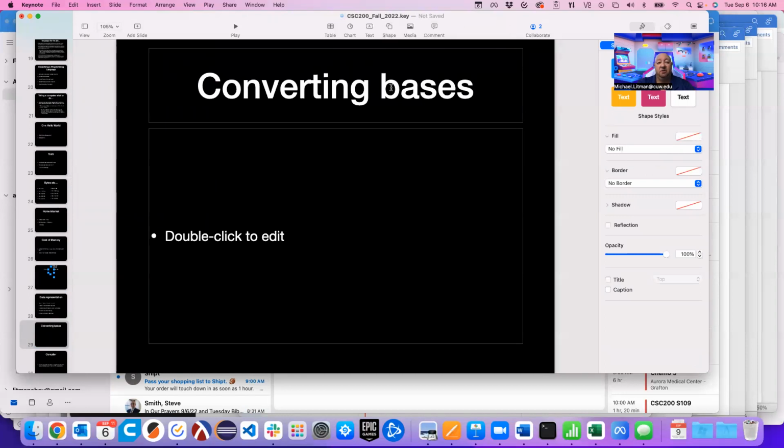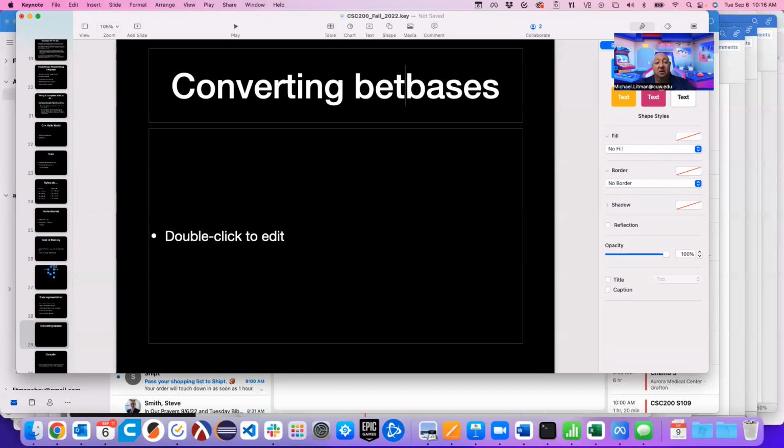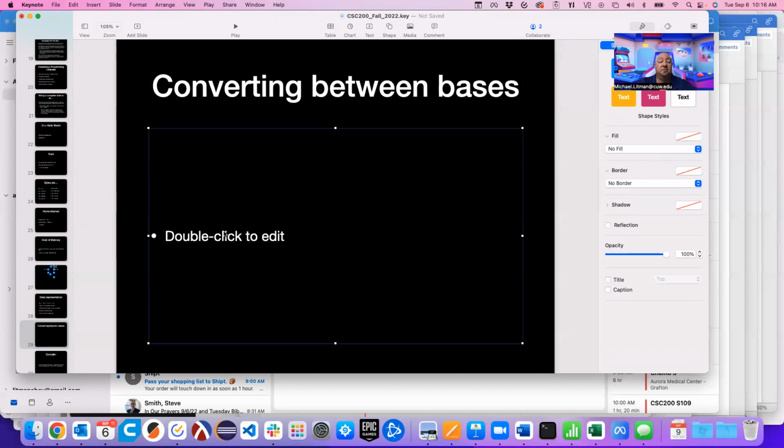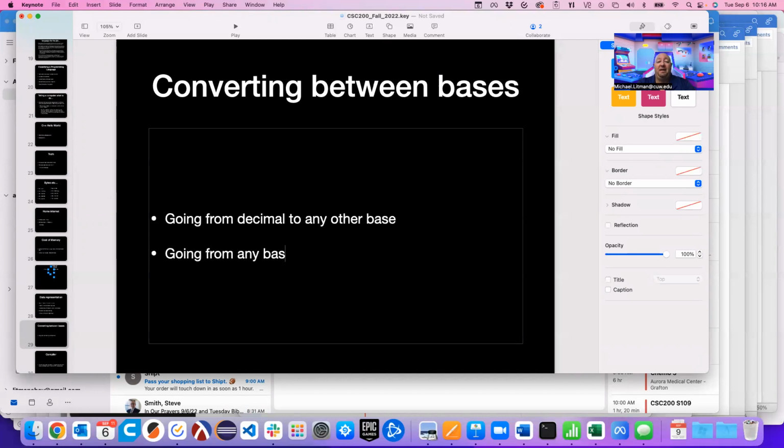Okay? So what we want to know how to do is converting between bases. So going from decimal to any other base, going from any base back to decimal. Decimal being the highlight there because that's going to be our comfort zone.